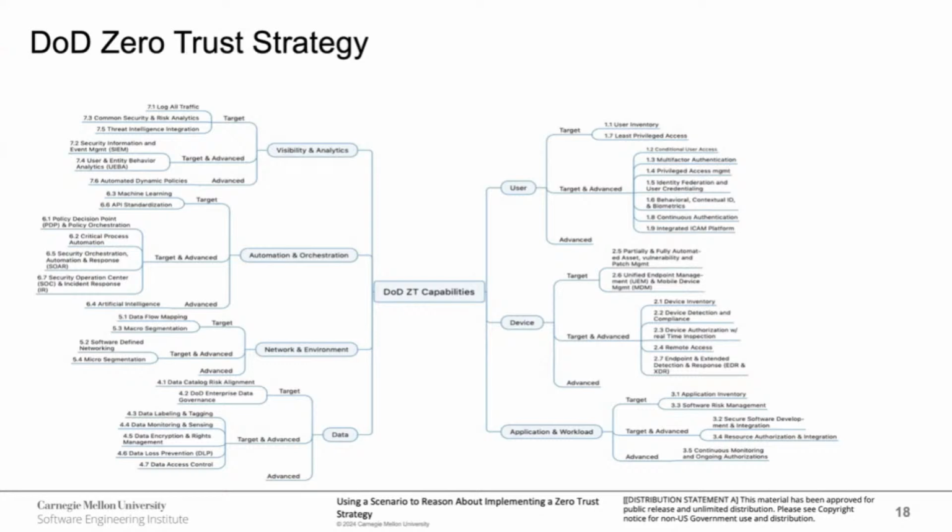So you can see with the mind map, there's different capabilities and functions that the DoD is looking for. I find this really helpful. This is a one-page thing that helps me understand what all I should be thinking about when I consider applying Zero Trust to a system. So I really like this diagram too.